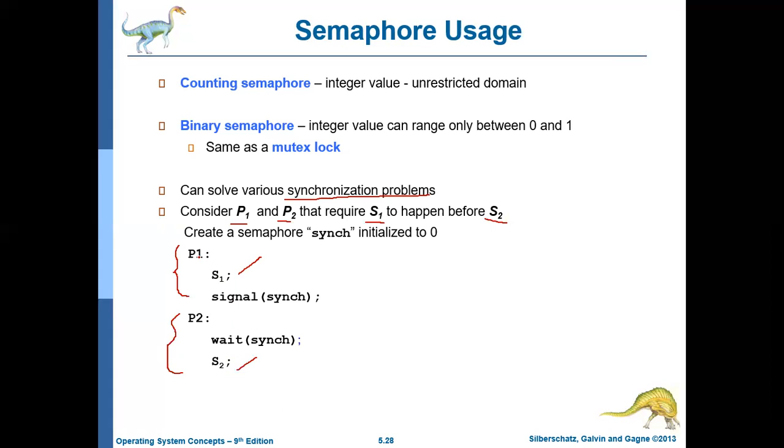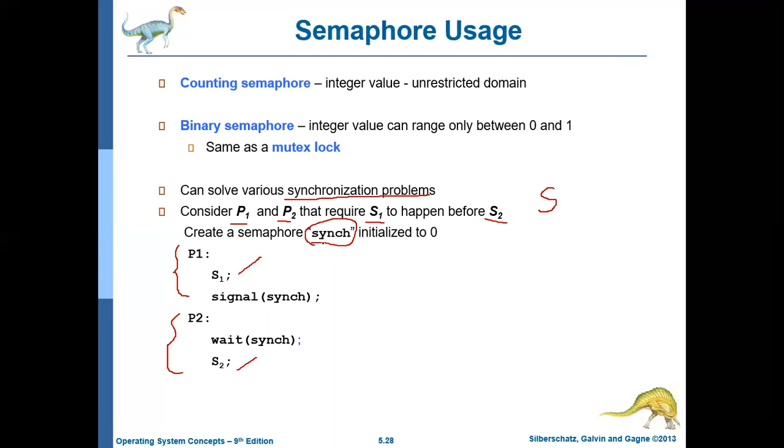So what we are doing in process P1, after the instruction S1, you can keep an instruction like this, signal of sync. So sync is the name of the semaphore here. In the previous example, we discussed the same name for the semaphores, but the semaphore name can be anything.